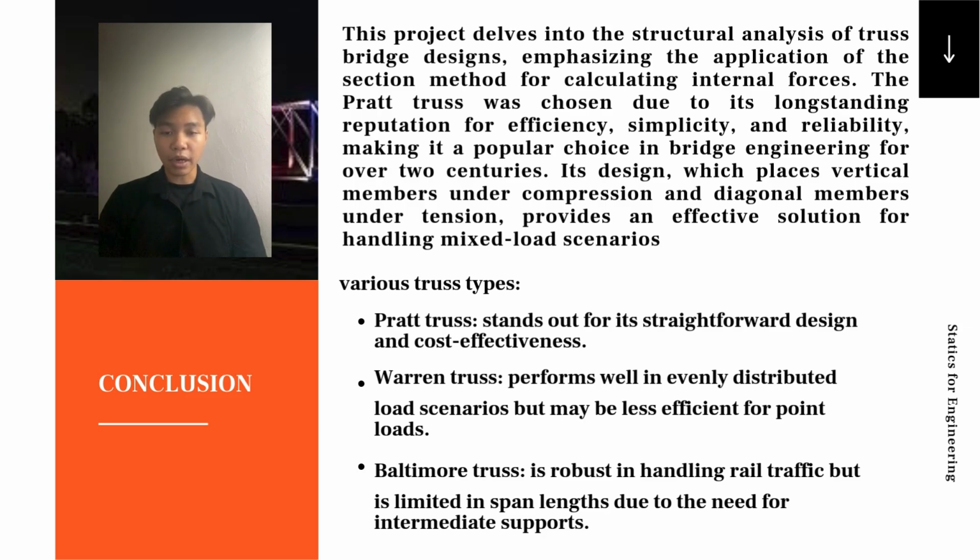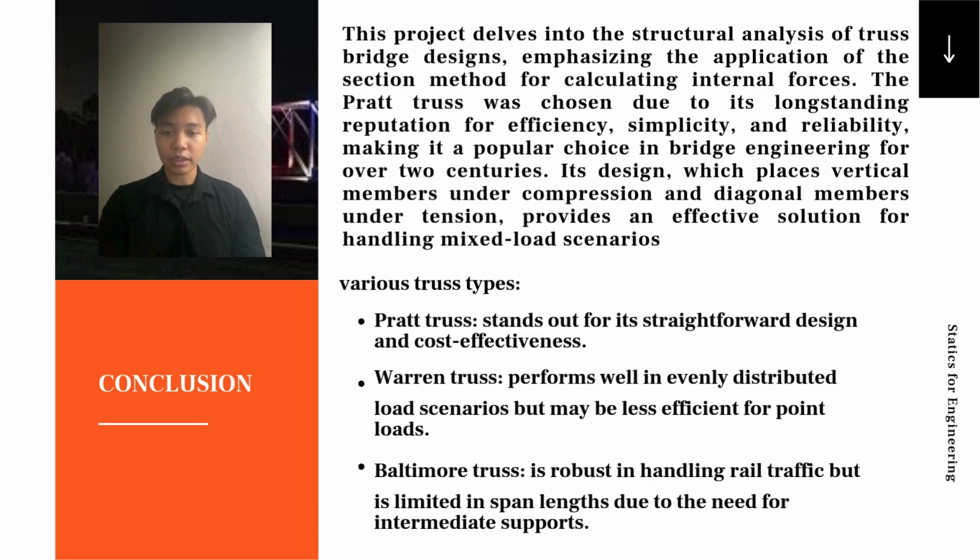We also compare the Pratt truss with other notable truss types to better understand the pros and cons of various designs. The Pratt truss stands out for its straightforward design and cost effectiveness, making it a practical choice for many projects.